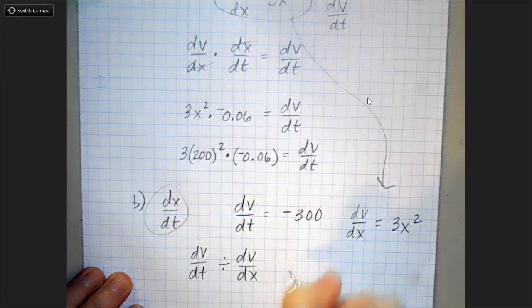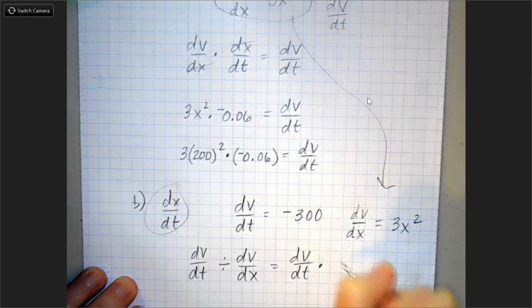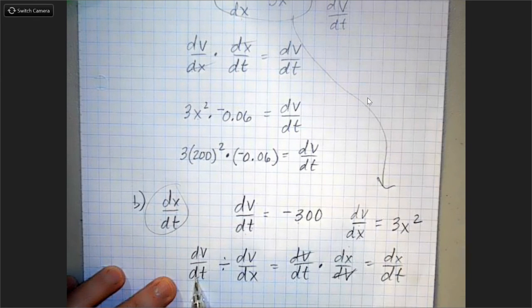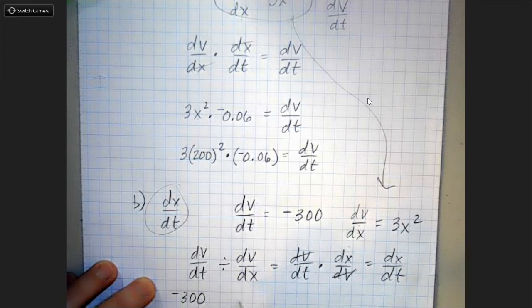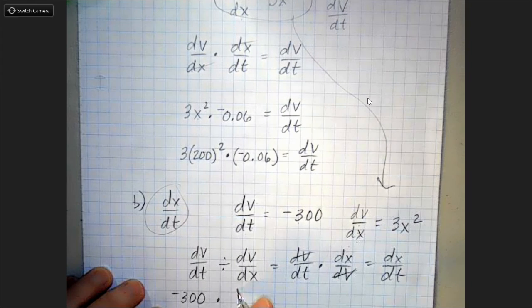Because when I divide, I change that to multiplying by the reciprocal. And the dV's go away, and I'll be left with dx/dt. Okay, so dV/dt I know is negative 300. And I'm going to multiply that by the reciprocal of dV/dx. So I'm going to multiply that by 1 over 3x squared.